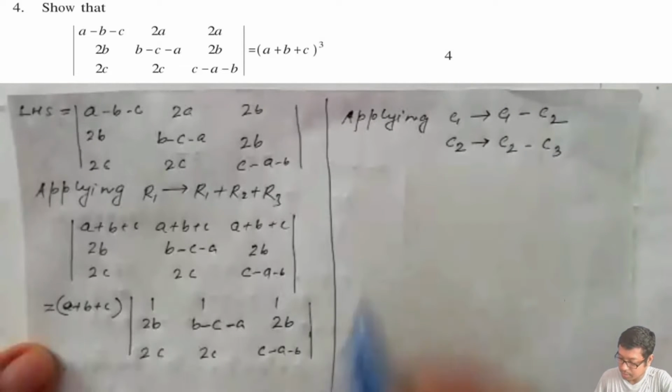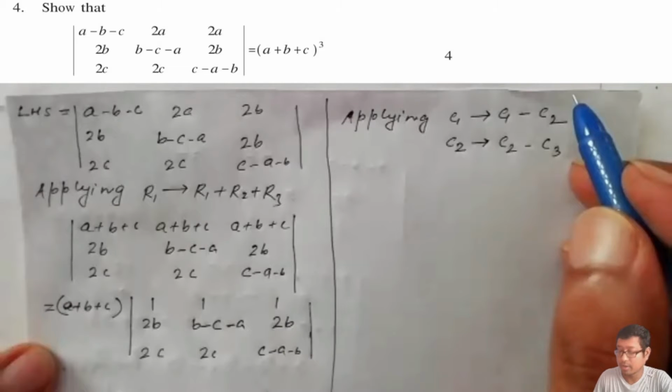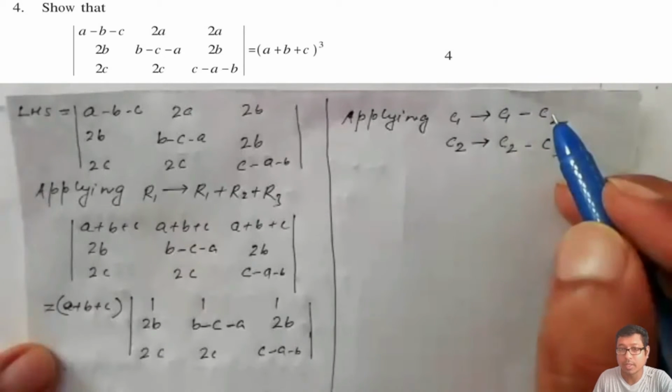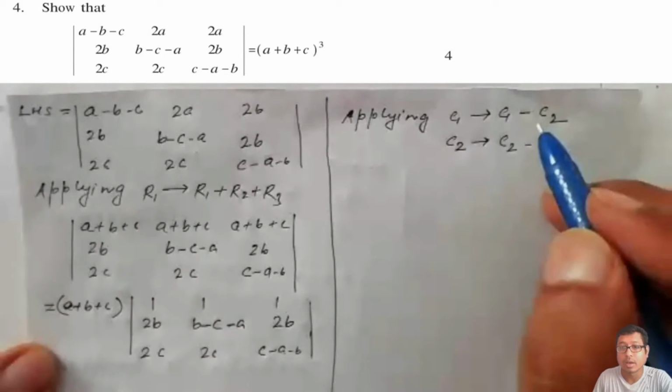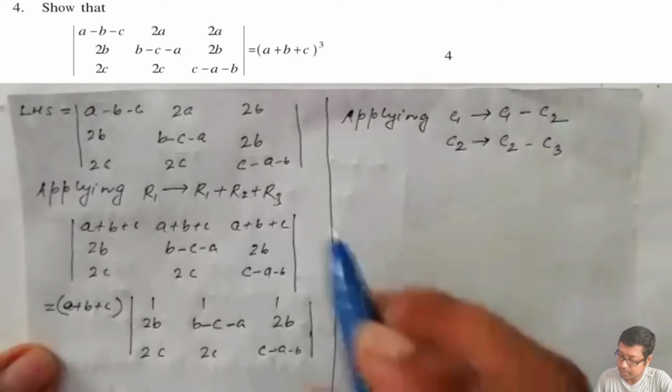And let us see what will happen. This is not the only transformation; you can take different transformations, no problem. This is only one part. You can take a different approach also, no problem.